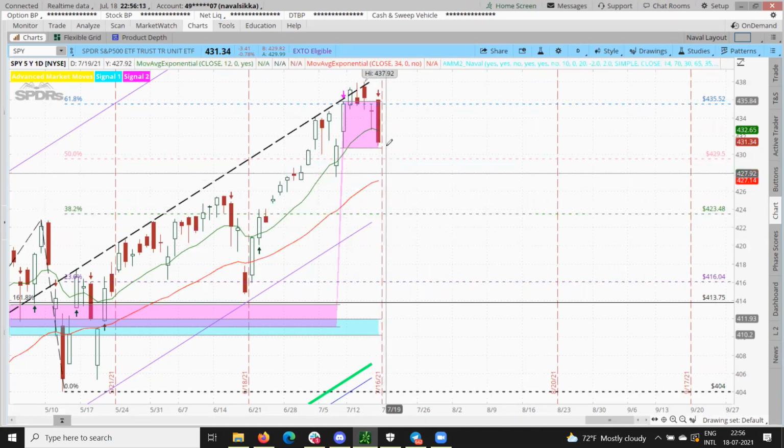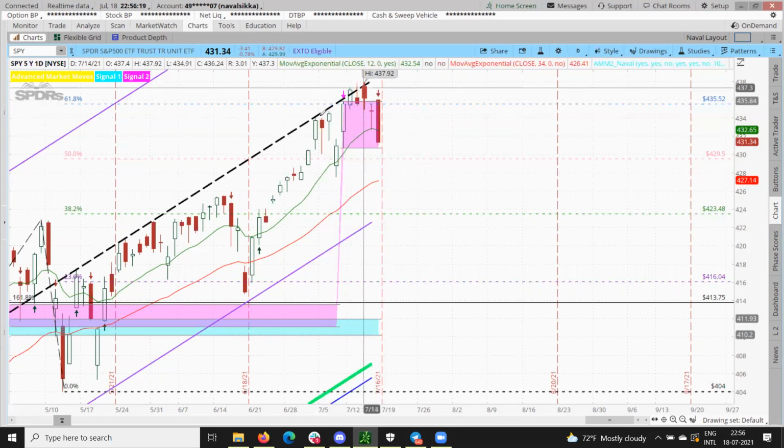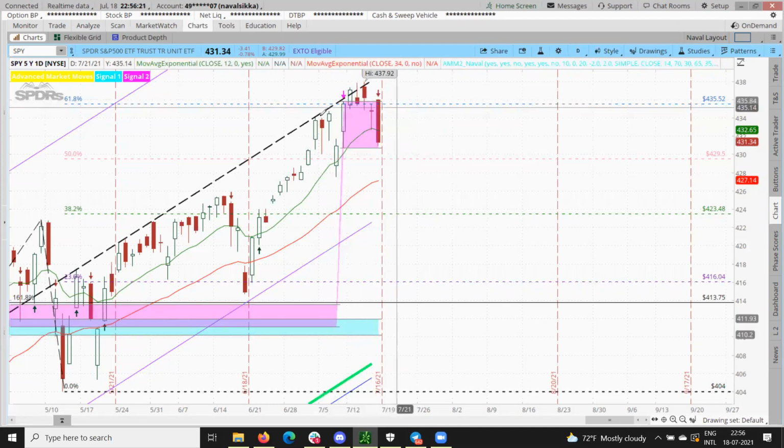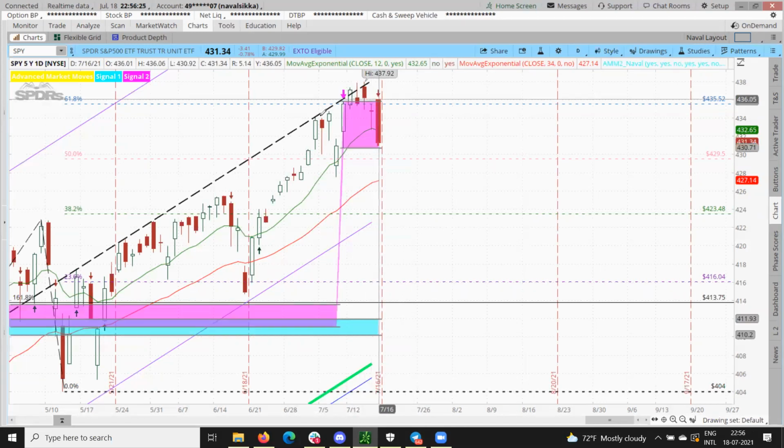a bounce? So here we have, I would say, three levels of rejection: the trend line rejection, then the Fibonacci rejection, and then the volume and MACD based supply.